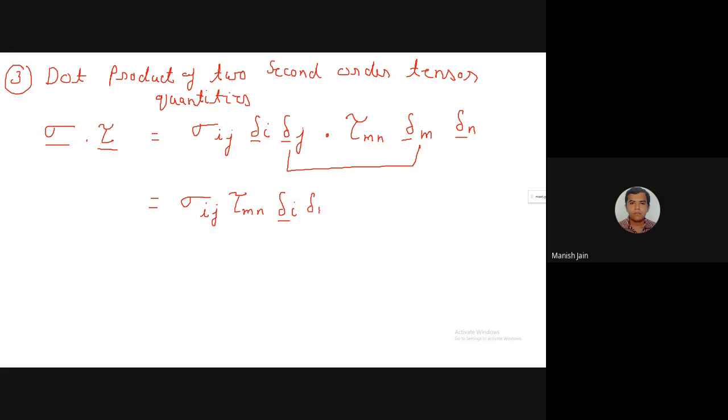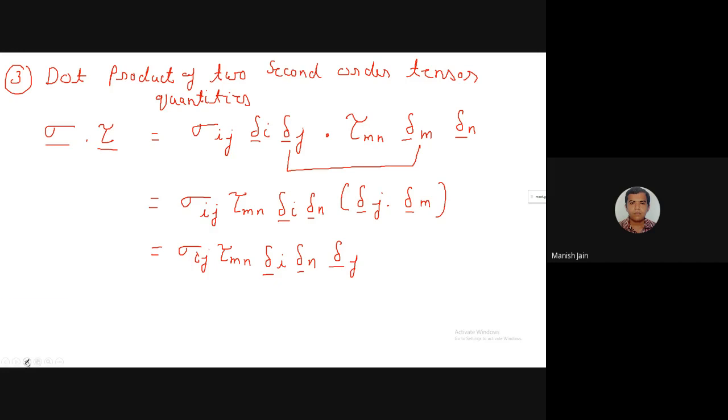Then you take the dot product between del j dot del m. So when you take the dot product between these two quantities, it will convert into the Kronecker delta, delta jm, sigma ij tau mn del i, del n.